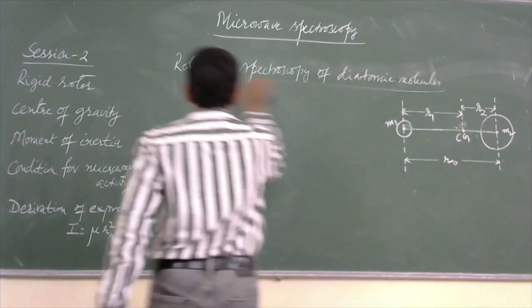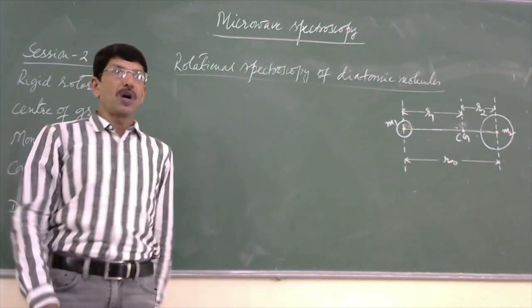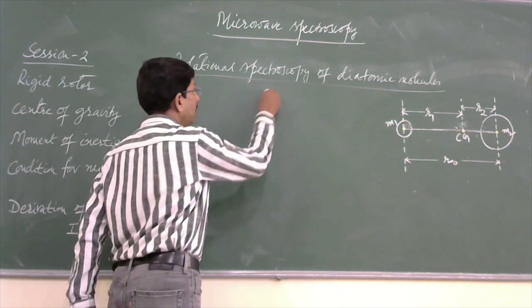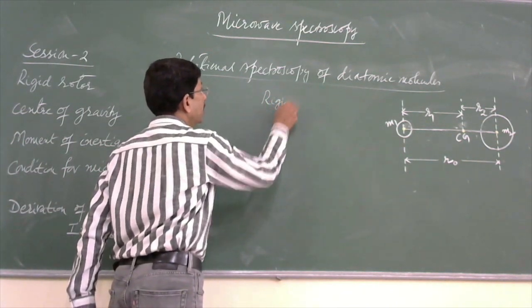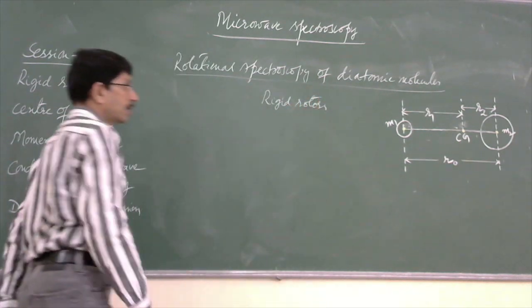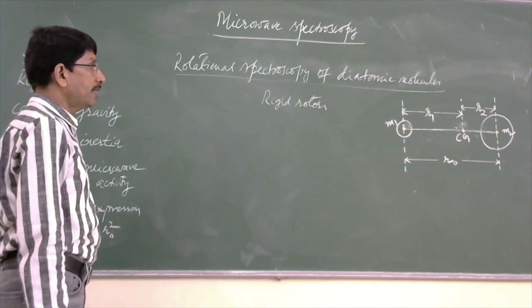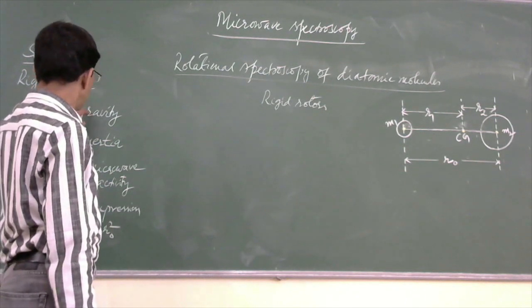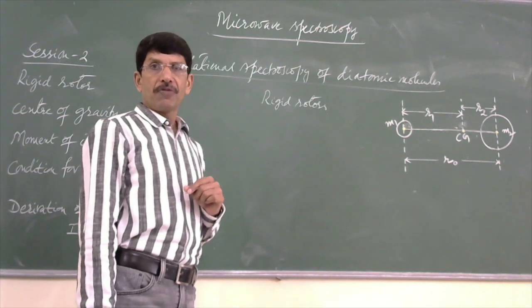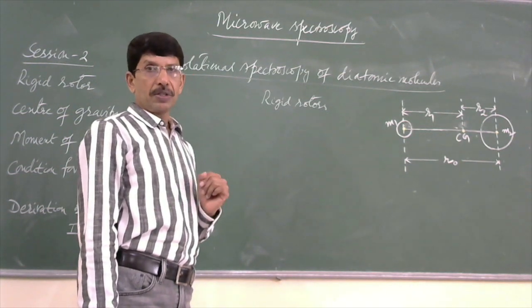We are considering simple diatomic molecules, and the diatomic molecules are considered to be rigid rotors. So let us try to know what the different terms are that we come across in the microwave spectroscopy of simple diatomic molecules.